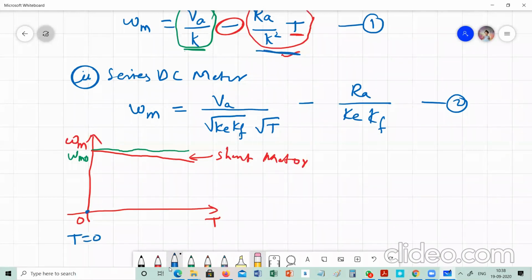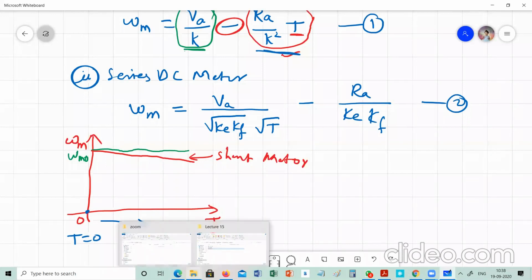So omega m is equal to VA by K. When there is no load, the maximum speed will be there, which is the no load speed omega m0. As the load torque increases, the second part will increase and be subtracted from VA by K, so the curve will shift downward. So the shunt motor has some drooping characteristic.